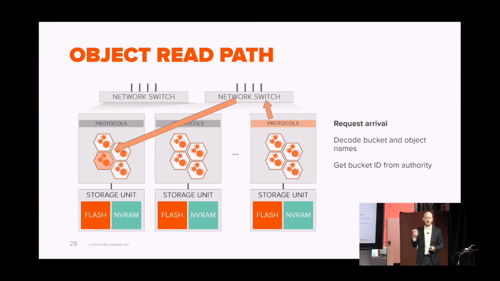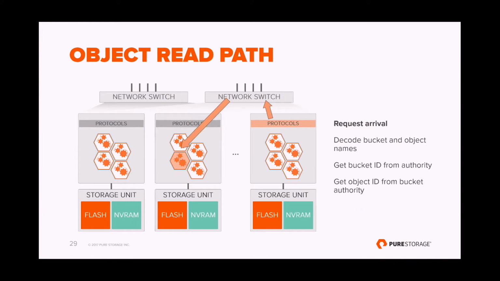And we're distributing that, or hashing that, across the system, just like we do with directories, with file inodes, and so forth. And so we're going to go get that bucket ID, get it back, and then we're going to, again, translate the object name, object foo, into its internal ID from the authority that controls that bucket.